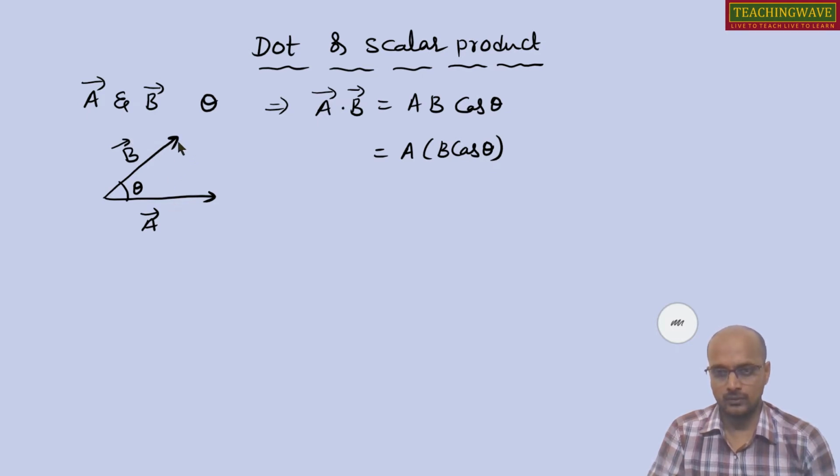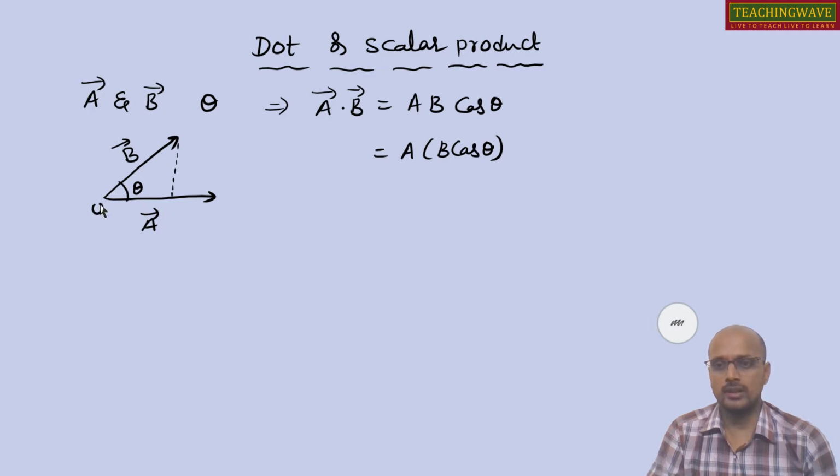That means if you draw the foot of the perpendicular on vector a from the tip, or head, of the b bar vector, that value gives b cos theta.